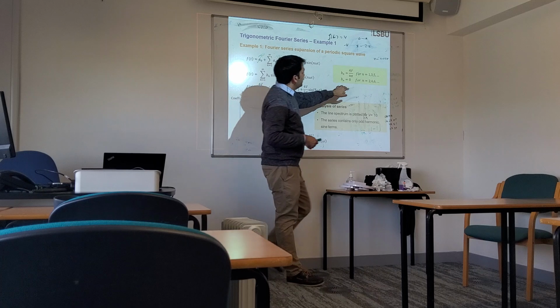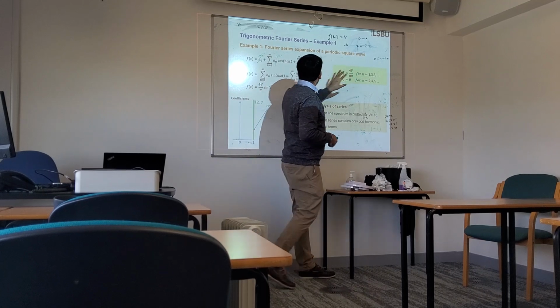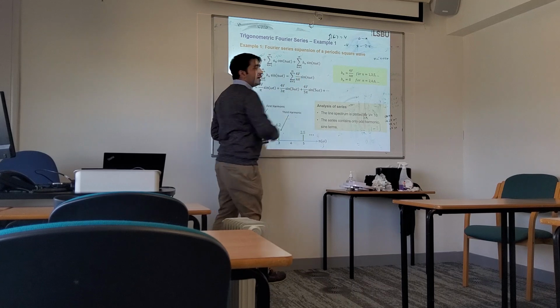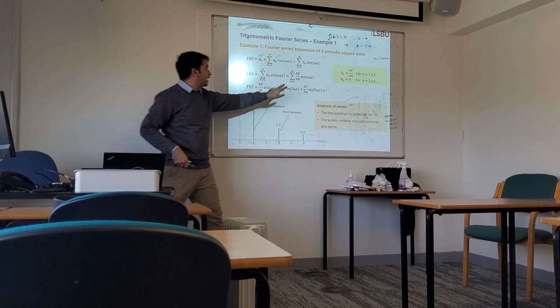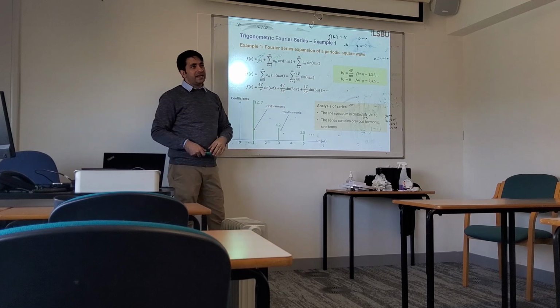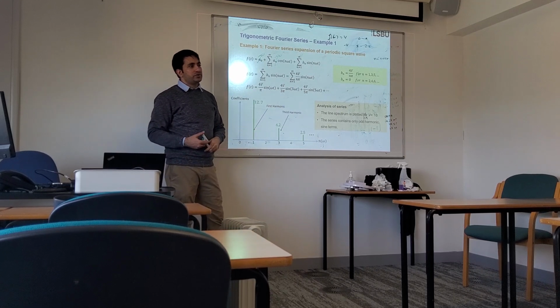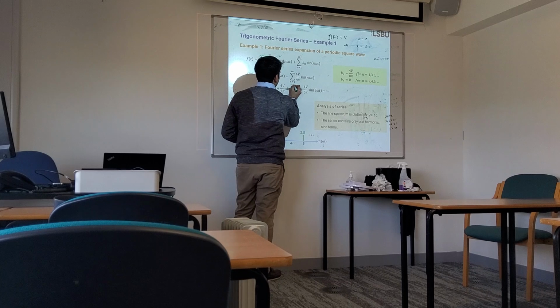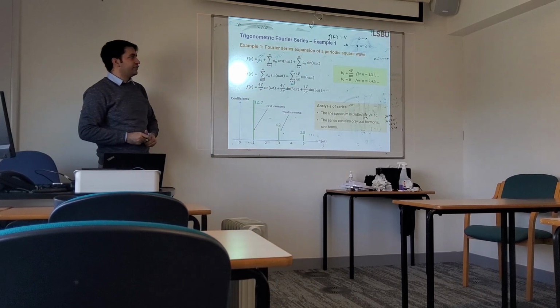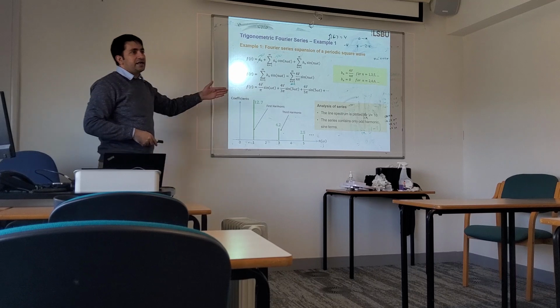So for only odd n, this term, which is our Bn, has value of 4V by n pi. And this sign comes from here, right? So here you can write n equals odd, or even if you don't write it, sometimes you could write odd. So you know that this n exists only for odd. Now you can expand this equation.